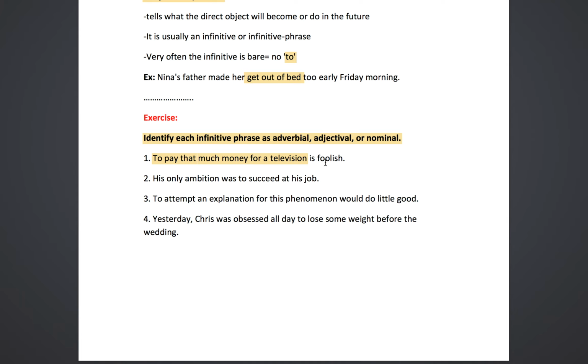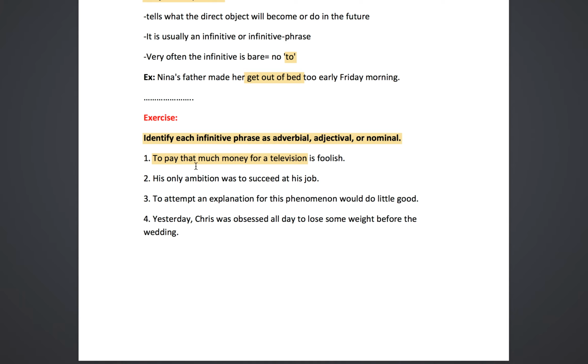Can you say a television is foolish? You cannot. Can you say money is foolish? You cannot. So read the whole sentence and then you can figure out which of them is the subject of a sentence. We have a verb here and also we have the adjective, which is easy.